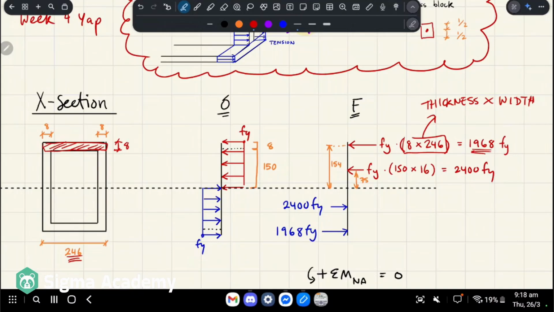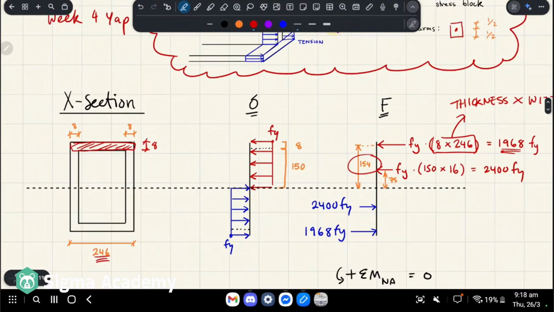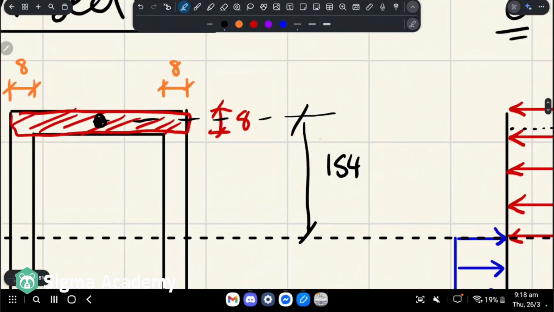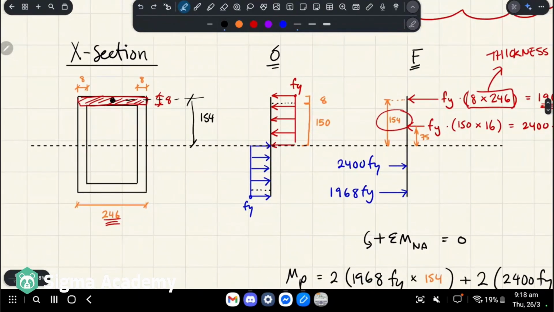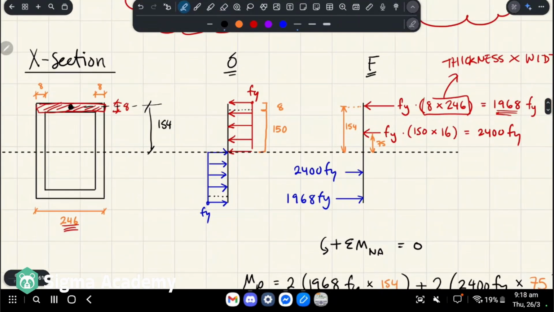Gives us that number. And then we also know the dimension from the neutral axis to the middle of this element, from here to here, is 154, right? Because what we've done is 150 plus half of 8. Okay, and next we have this one.